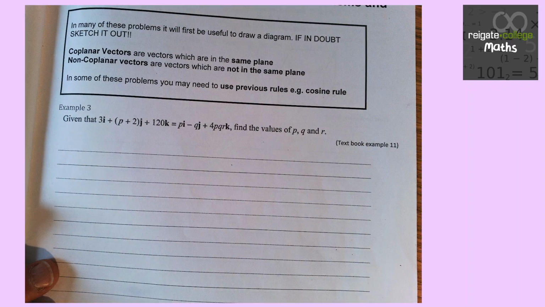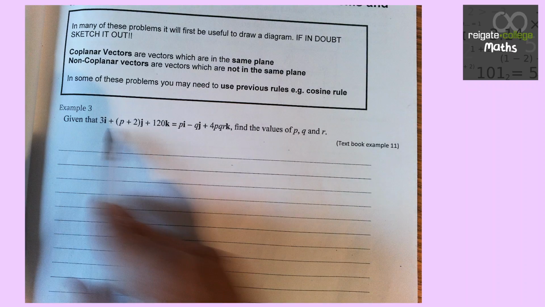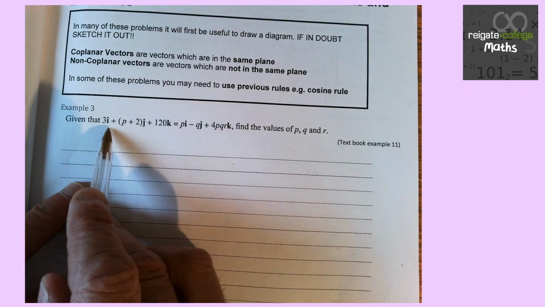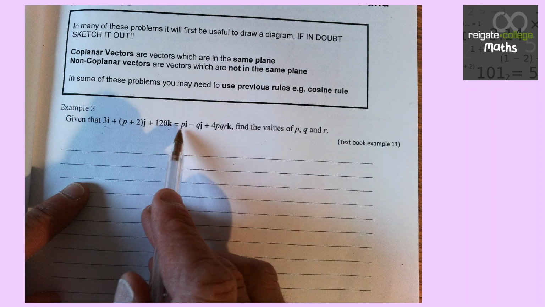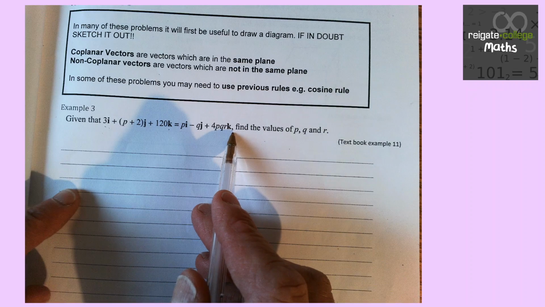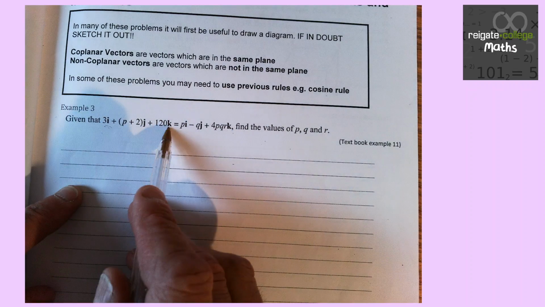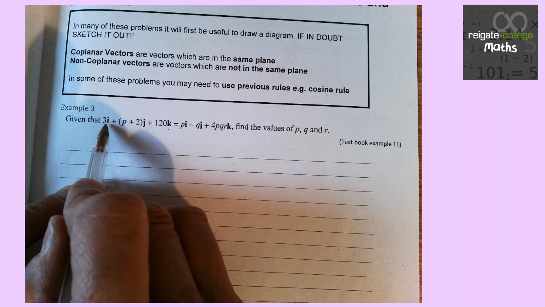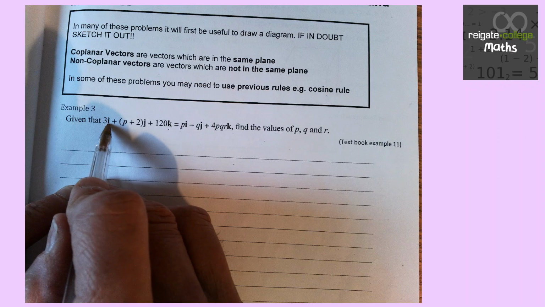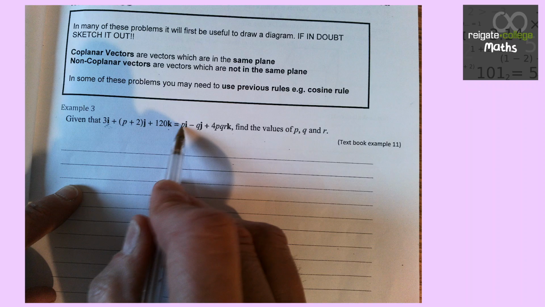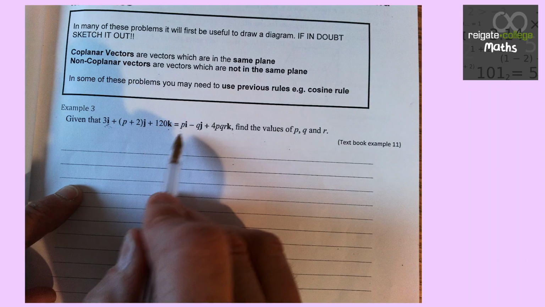So this example 3, again this is an example from the textbook. If we've got 2 vectors that are equal and they're expressed in terms of vectors which are not parallel, so i, j and k are not parallel, in fact they're perpendicular, then we can say that on each side of this equation, the components in terms of each of those vectors must be equal.